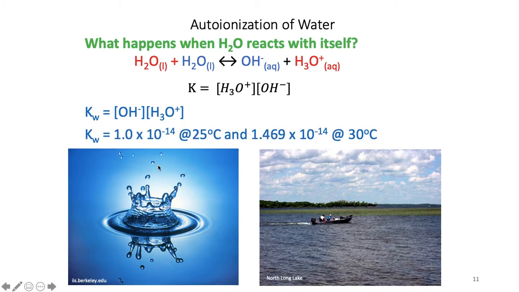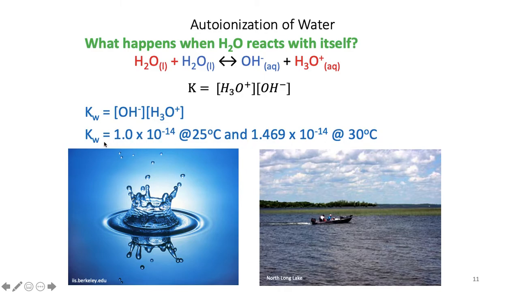At 25 degrees, normal room temperature, Kw has a value of 1 times 10 to the minus 14th. We said earlier in the chapter 13 lecture that equilibrium constant values change with temperature. Therefore, Kw also changes with temperature.